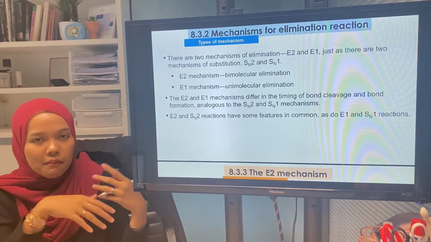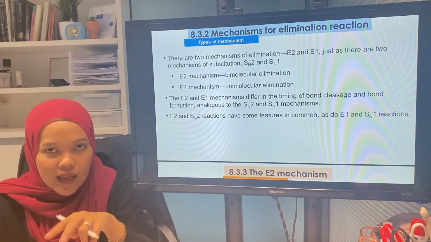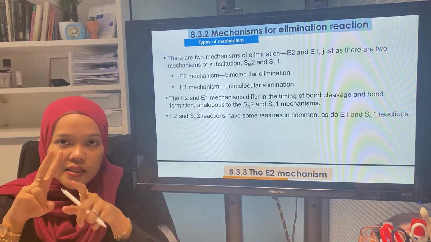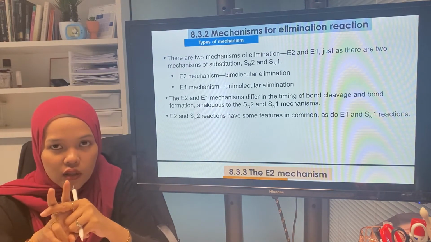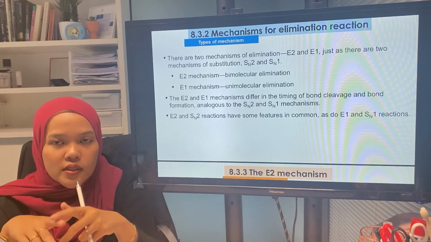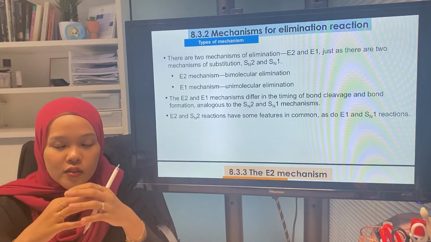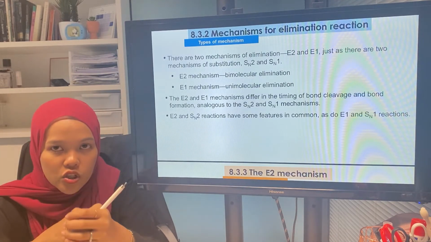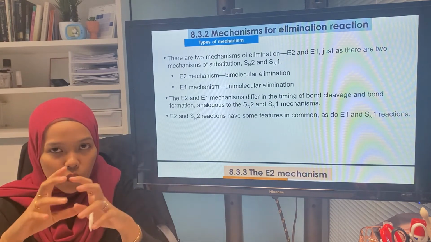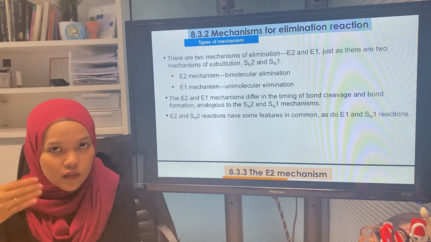Remember, 2 means bimolecular elimination, meaning this reaction is second order. You cannot think that if it is E2, it has 2 steps. No, it doesn't work like that. E2 means bimolecular elimination, meaning the reaction involves only 1 step. No worry, we are going to look into it one by one.